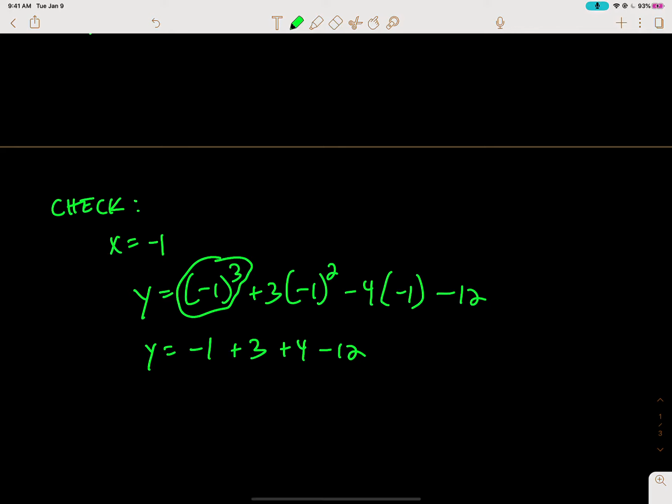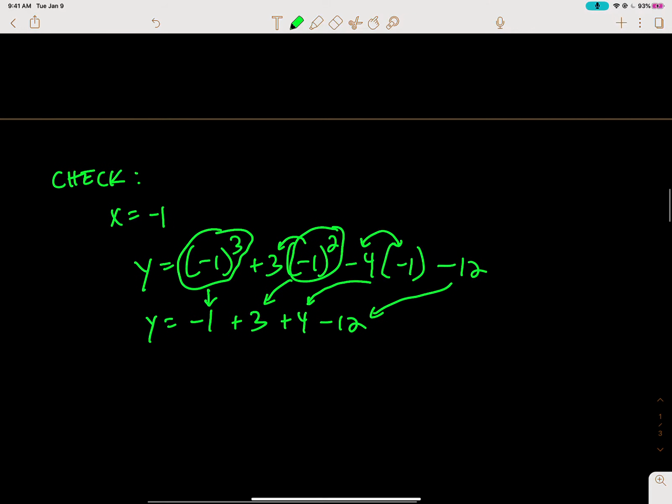This means -1 times itself 3 times. -1 times -1 times -1 gives me -1. -1 squared gives me +1, and then times 3. So that's how I got the 3. -4 times -1 gives me the +4, and then the minus 12 just carries down. So now I've got y equals 3 minus 1 is 2, plus 4 minus 12. That equals 8 minus 12, -4. So it is not a 0.